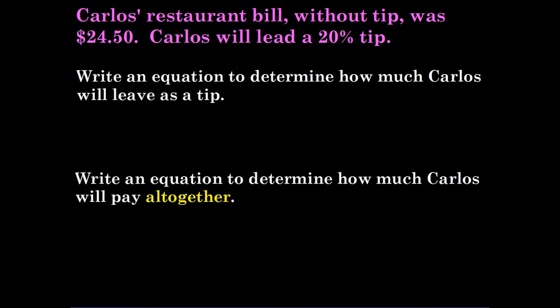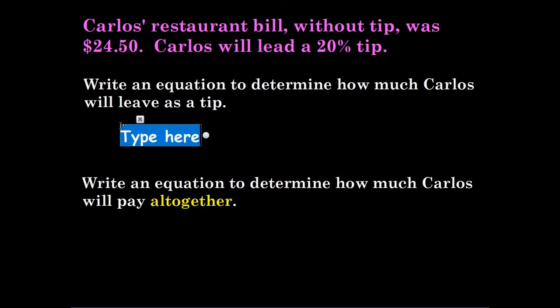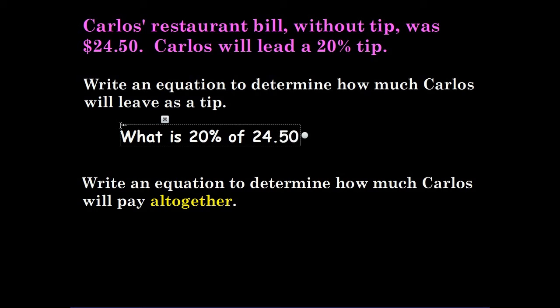So our first goal is to write an equation to determine how much Carlos will leave just as a tip. So essentially, we want to figure out what is 20% of $24.50. So remember that this "what is" is like an x.